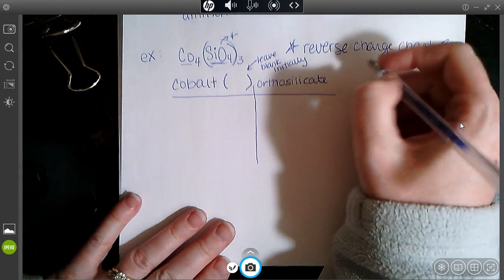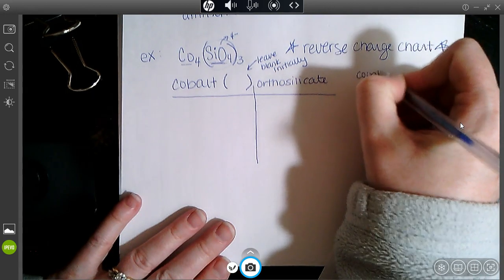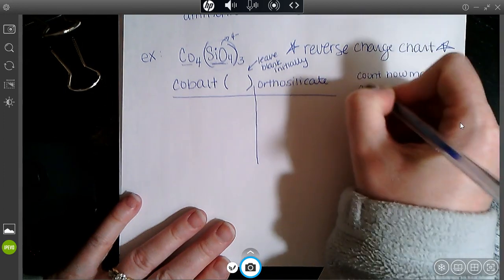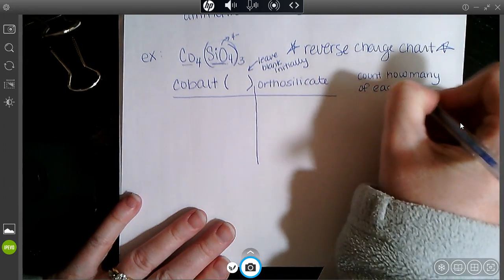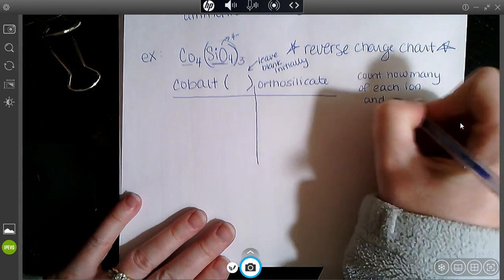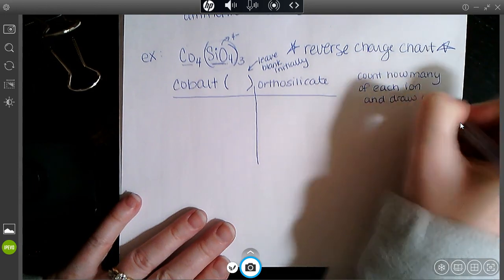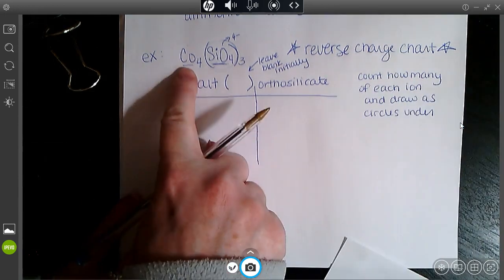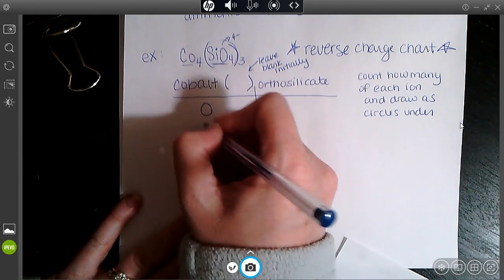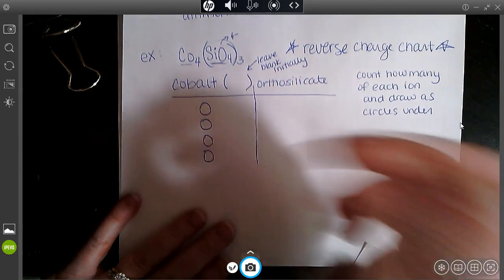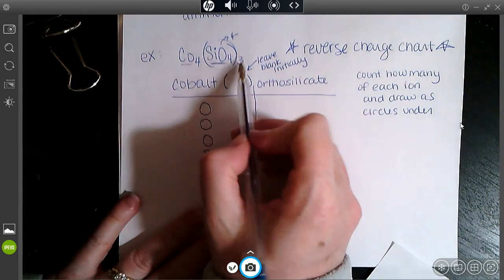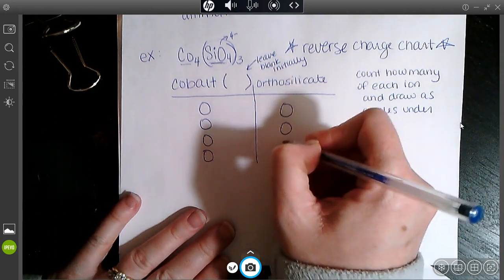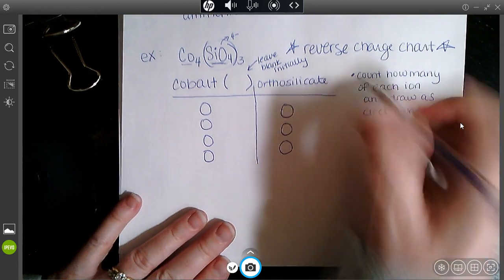So when you do your chart, count how many of each ion and draw them as circles under. I know I have 4 cobalts: 1, 2, 3, 4. I know I have 3 orthosilicates: 1, 2, 3. Okay.